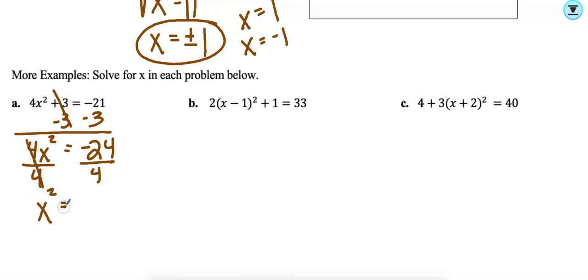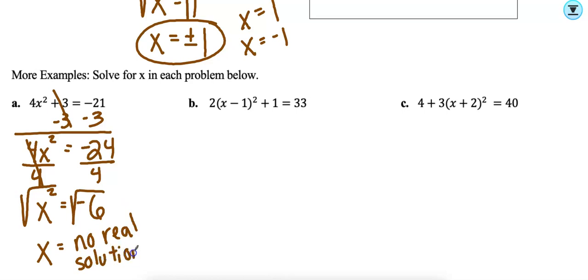X squared equals negative 6. Now that my squared term is isolated, I'm going to square root both sides to cancel it out, leaving you with an x. Now, the square root of negative 6, we can actually not do that. It's impossible. So this will be called no real solutions.